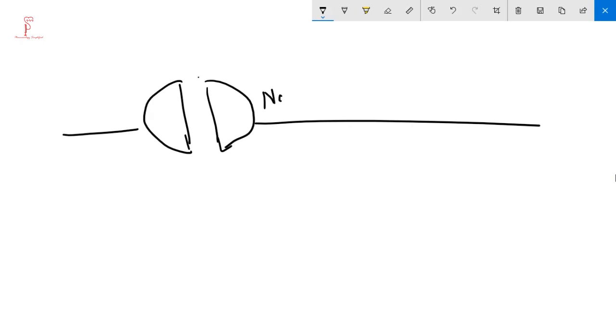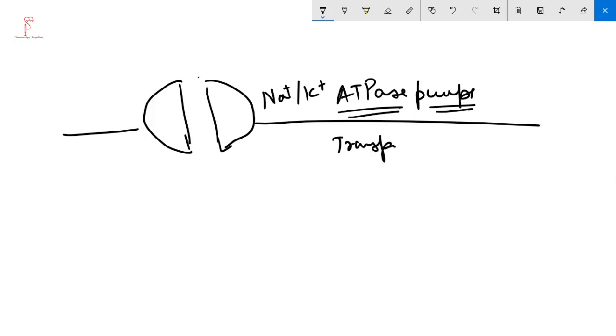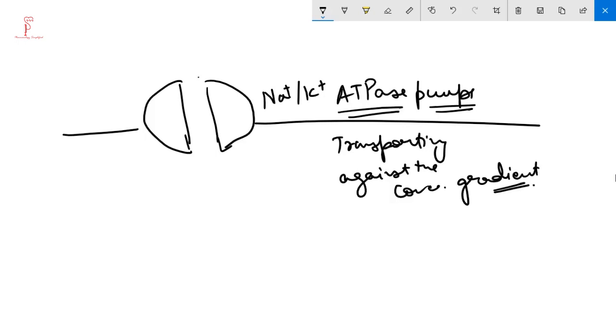These are the sodium potassium ATPase pumps. Since they are ATPase pumps, they are transporting against the concentration gradient. They are transporting against the concentration gradient.